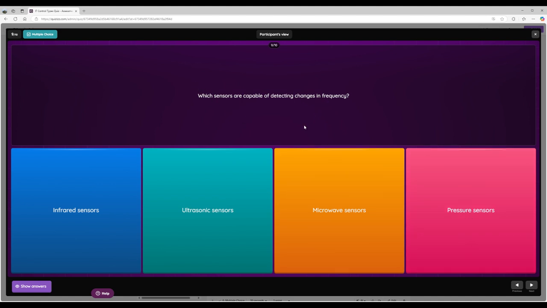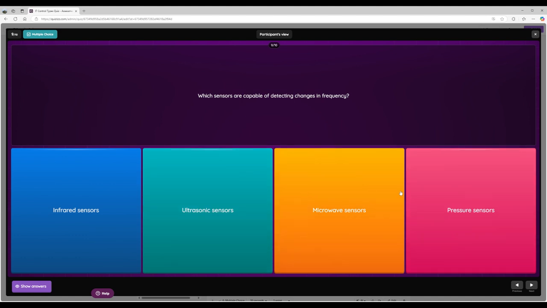Changes in frequency. Pressure sensor does not change in frequency. I can't even explain what a pressure sensor is. Infrared sensors, those are the red lights that point to a target, probably in a laser. Ultrasonic, I really don't know what ultrasonic sensors are. It's a microwave sensor.